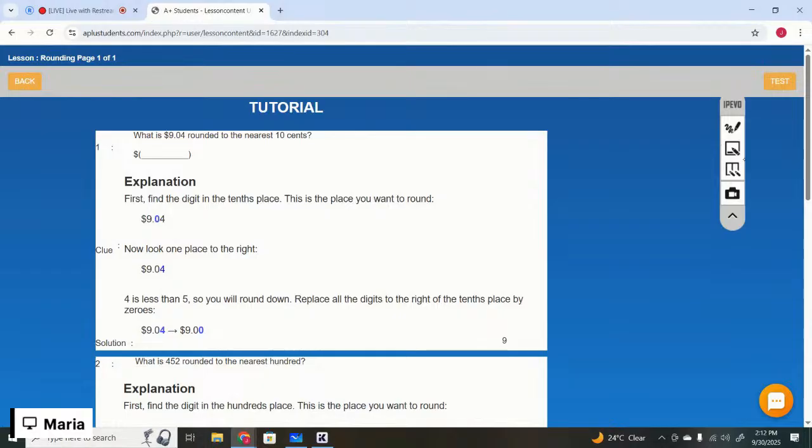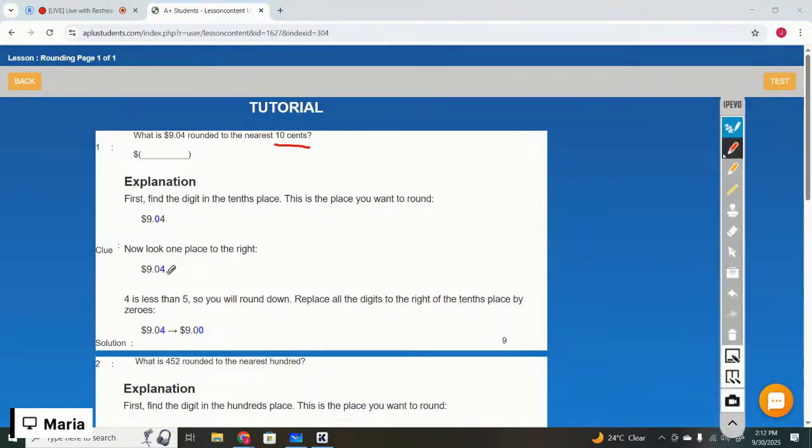We need to round to the nearest 10 cents. 0 is the digit that is at the 10 cents place, and right next to it is 4. So 4 is less than 5, so you will round down. Replace all the digits to the right of the tenths place by zeros. So we can replace it by 9.00.